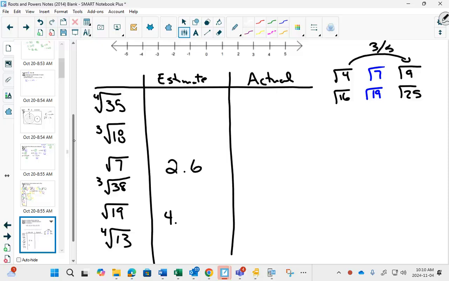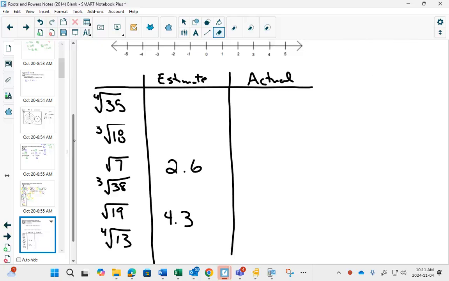The difference between 16 and 25 is 9, and I am 3/9 of the way along there. So that is about 0.3. We're going to see how close these are actually afterwards, but that's not a bad estimating strategy for square roots. So there are our square roots as far as estimates go.